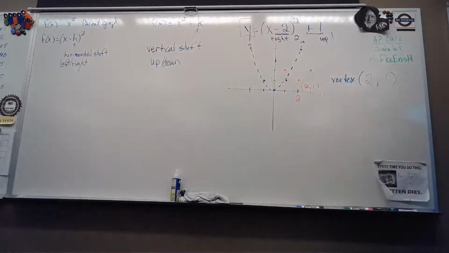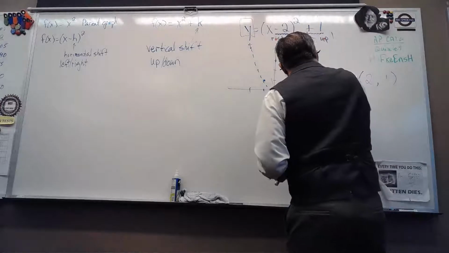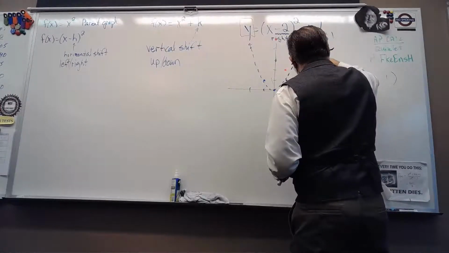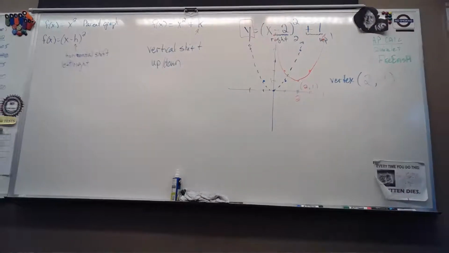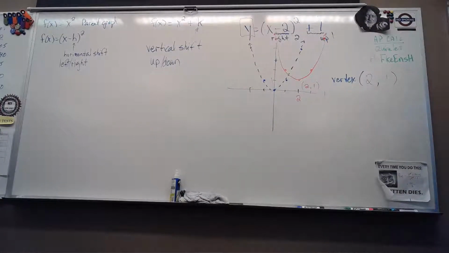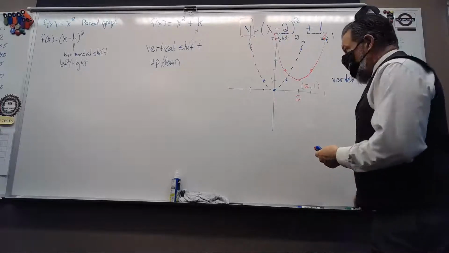It's not from the x-axis, it's from the vertex. Your quick graph is always: start at the vertex and go 1, 1, 2, 4. Boom, done, got a graph. So there's the graph of y equals x minus 2 squared plus 1. Your turn.